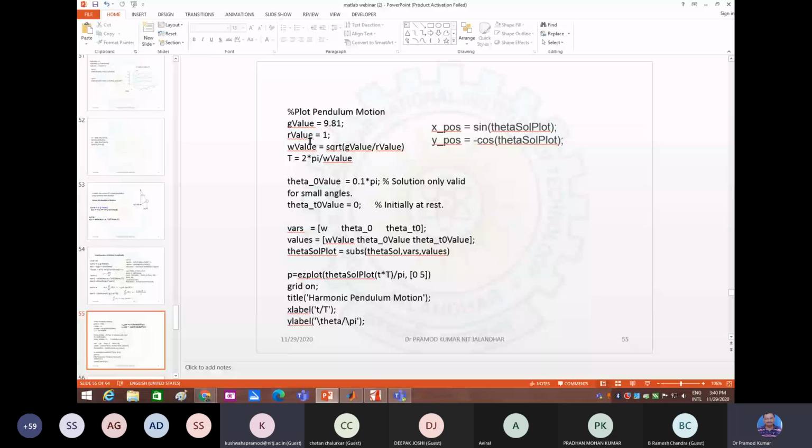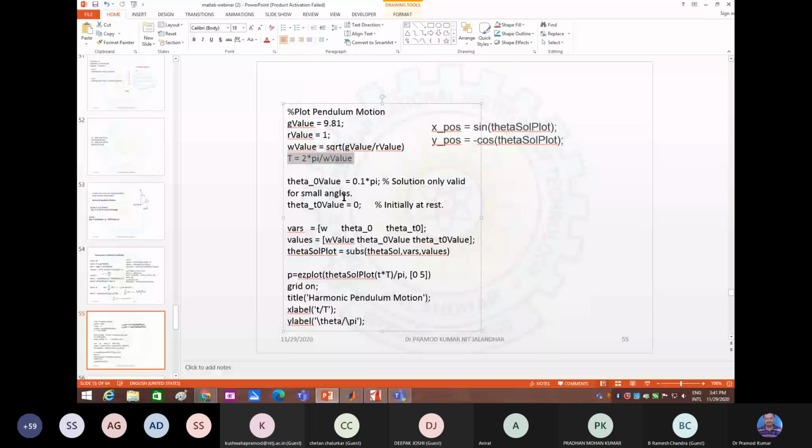G is equal to 9.81 and length is equal to 1, and omega is the square root of G by R, and then we get the time T, 2 pi by W, and all these things we will put in those equations.